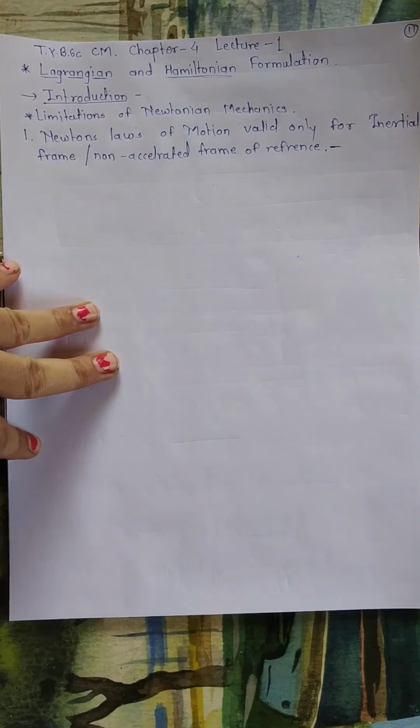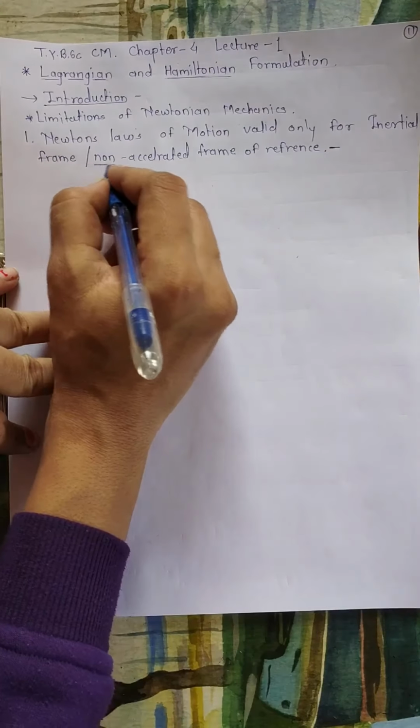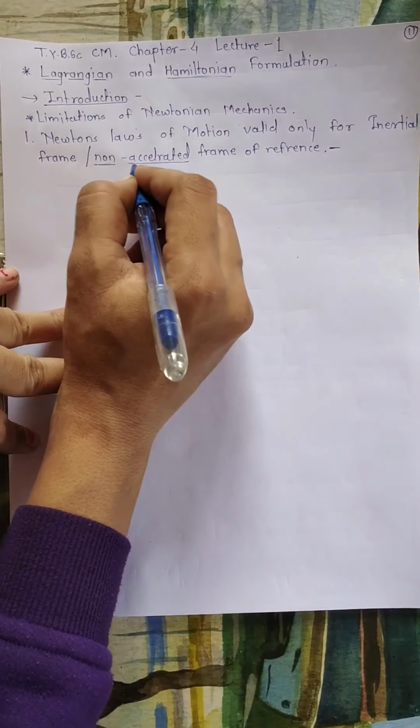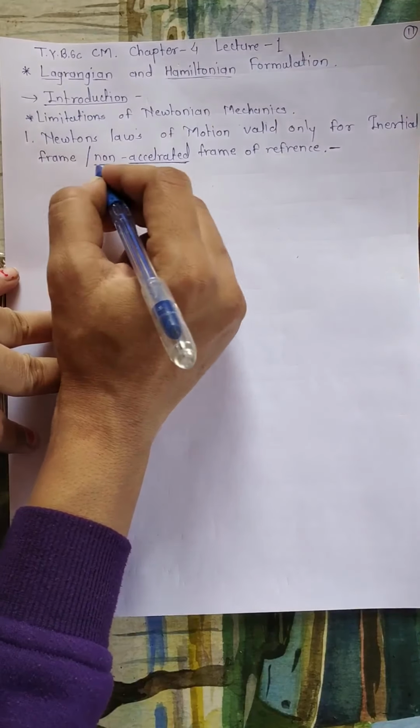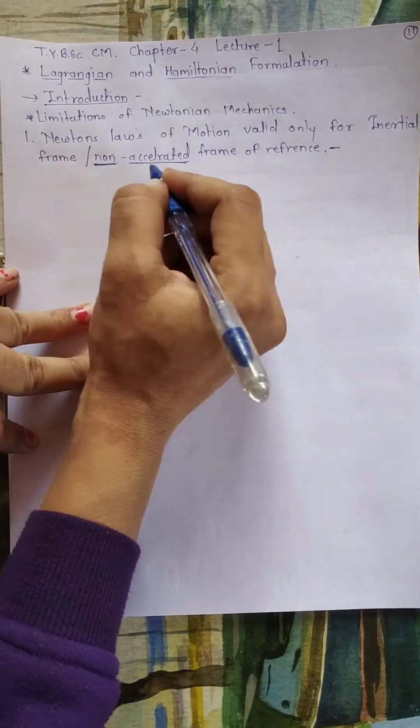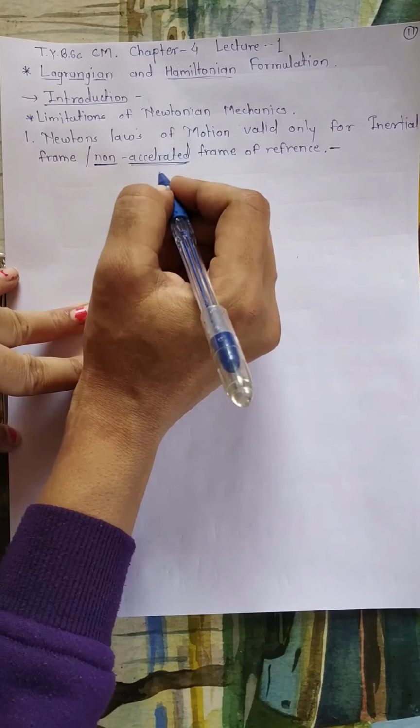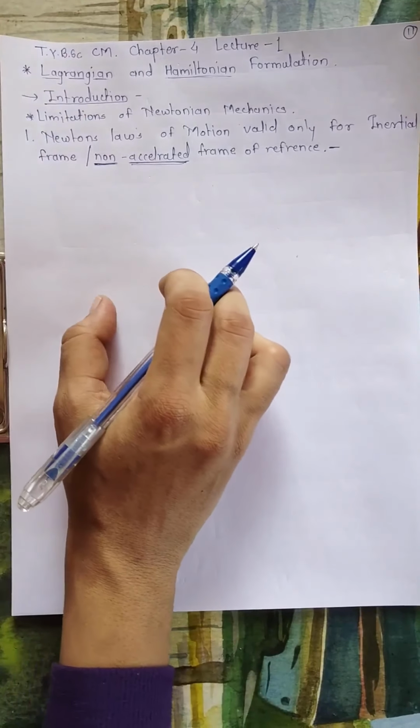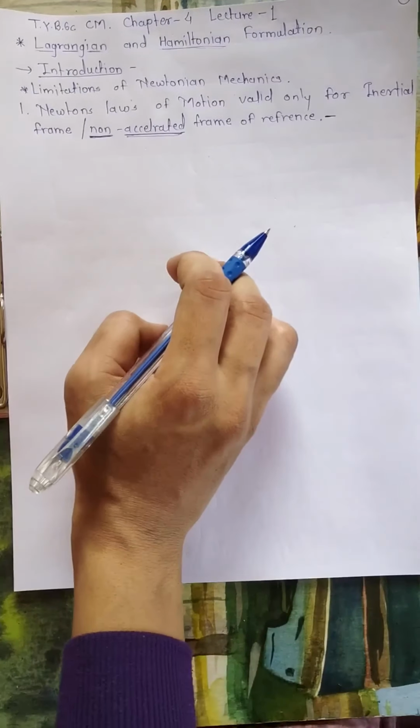The first limitation of Newtonian mechanics, or Newton's laws of motion, is that these laws of motion are valid only in the case of an inertial frame of reference, also called a non-accelerated frame of reference. The doubt comes here: what is an inertial frame or non-accelerated frame?